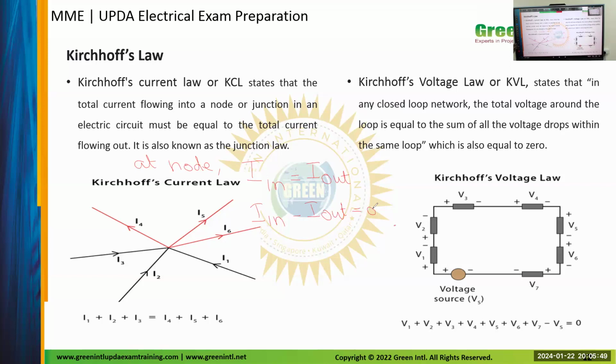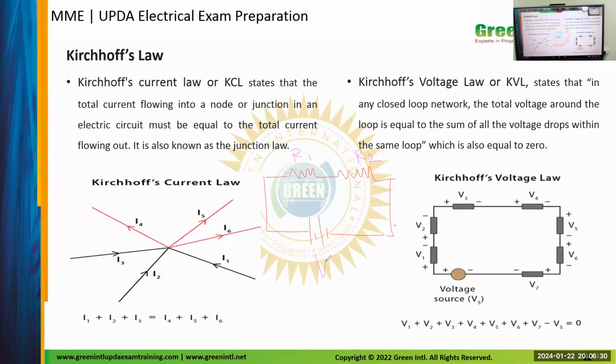The red colors are leaving the node and the black colors are towards the node. That's why we use these things. On the other hand, here we have 2 resistances, R1 and R2, and you apply the voltage V. If you apply a voltage across a resistance, what will happen?